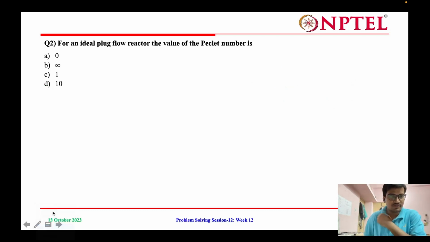Moving to question number 2. For an ideal plug flow reactor, the value of the Peclet number is.